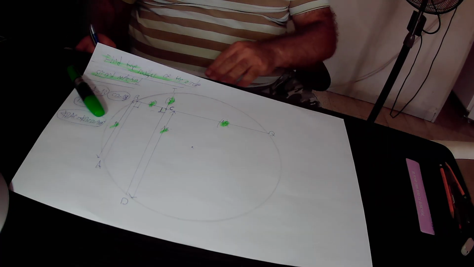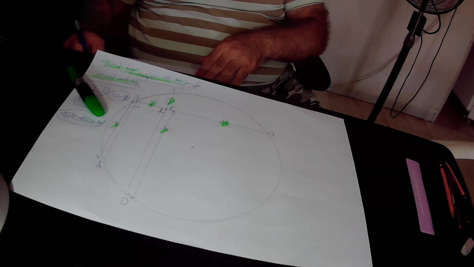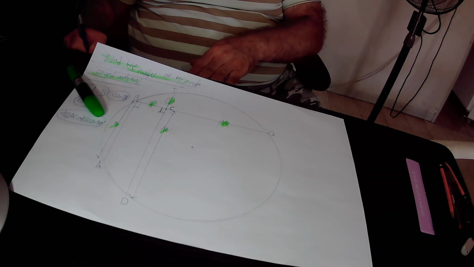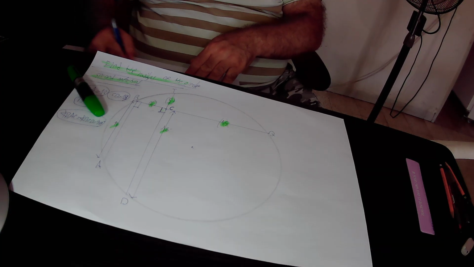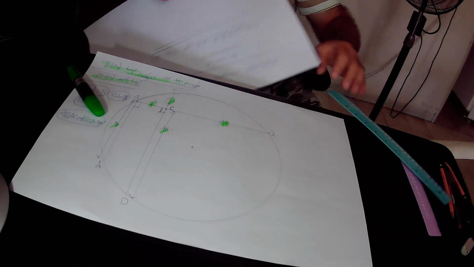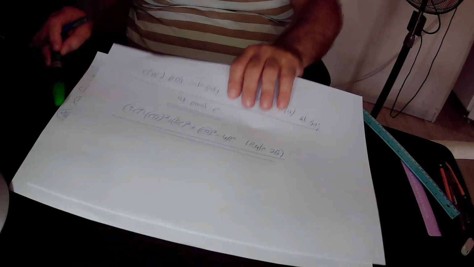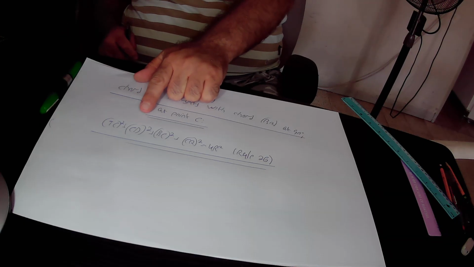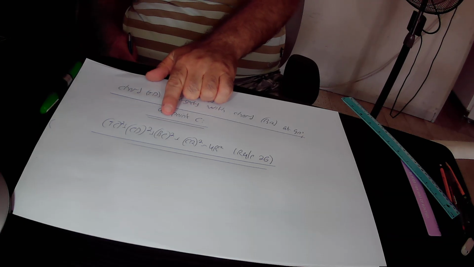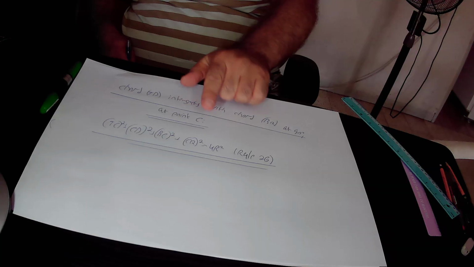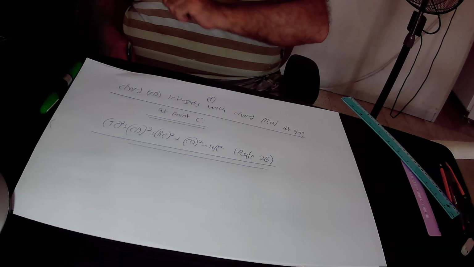And again, according to Rule 26, TC squared plus CD squared plus BC squared plus CQ squared equals 4R squared.